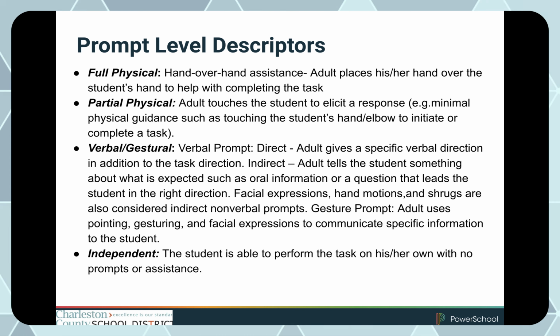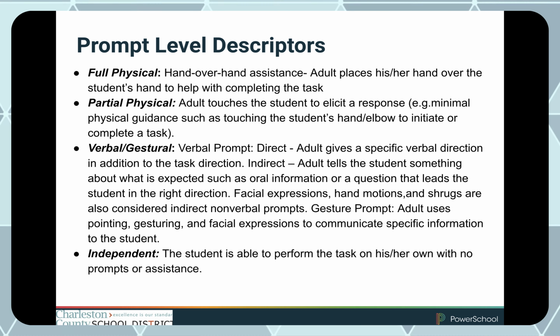As always, if you have questions about if your student meets one of these, you are welcome to speak to your DEC coordinator or other staff member, but please also note that when choosing the level of descriptor for your student when grading, please choose the best descriptor to describe their overall requirement for that subject area assessment.